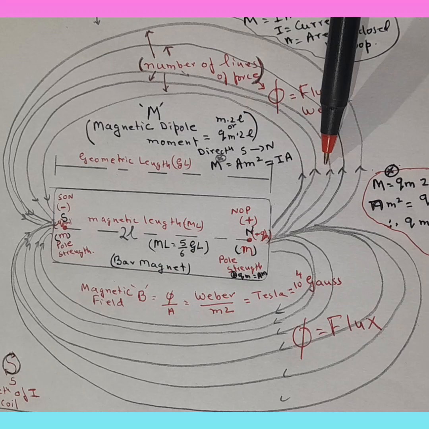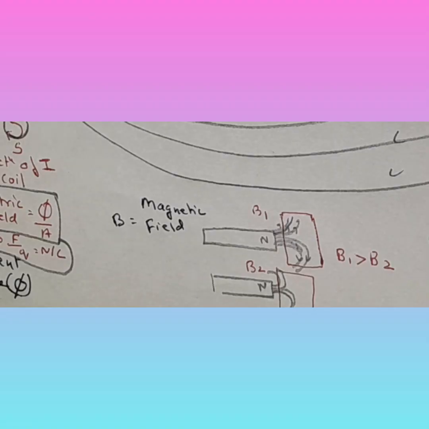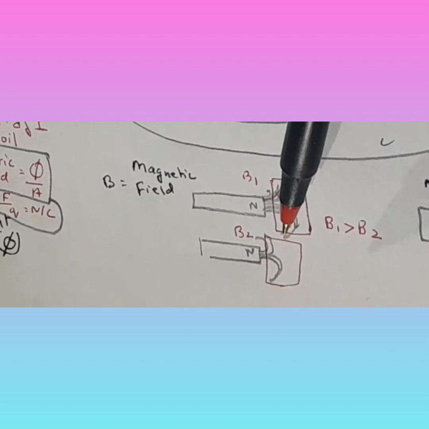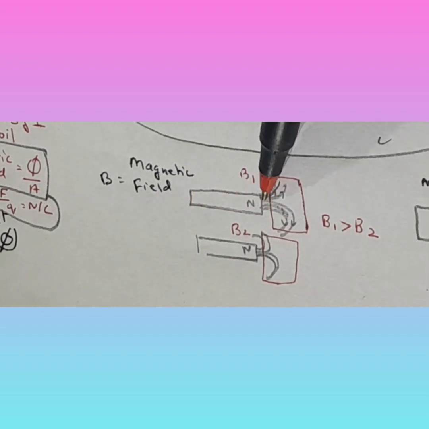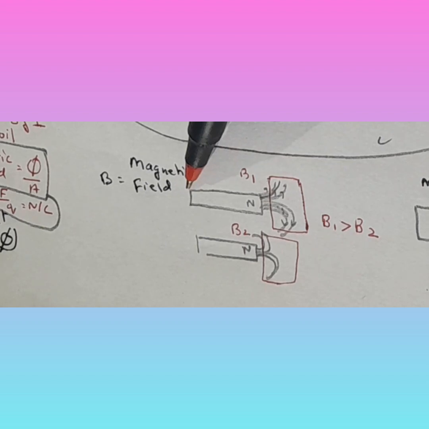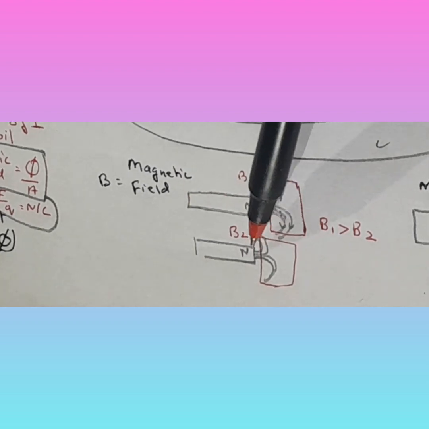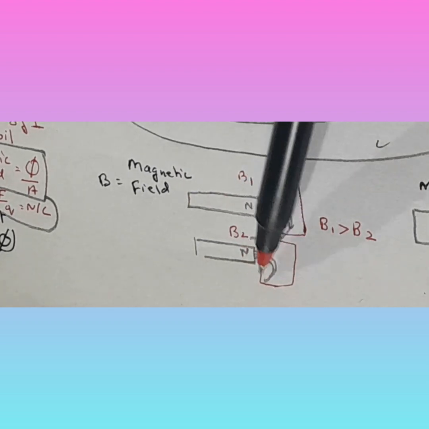Alright, now what is the significance of flux? When we see over here, this is a magnet which has lots of lines of force coming out from north and moving into south. Whereas in this magnet there are few lines of force.